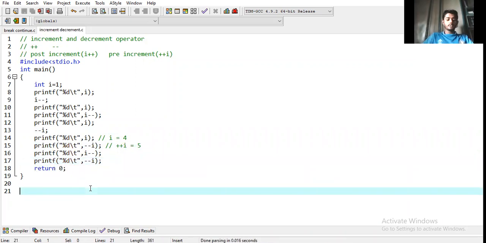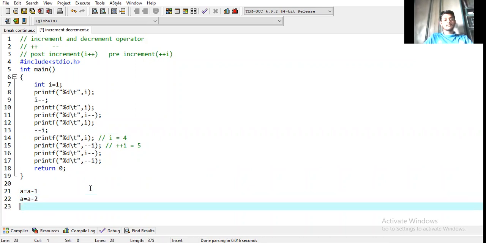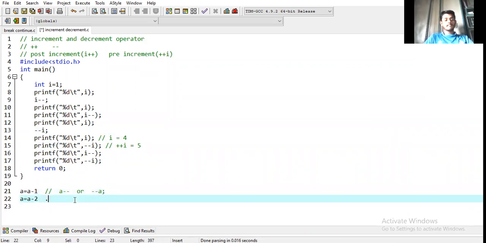We have done lots of programs where we have to write a = a - 1 or a = a - 2. Basically we were decrementing the value of a. So instead of this we can write a-- or --a. Same here, we cannot write a - 2 using the decrement operator.